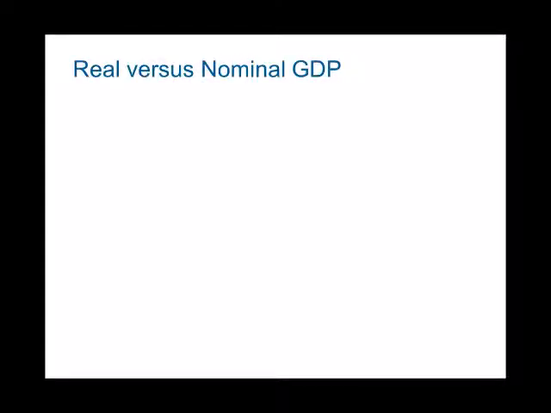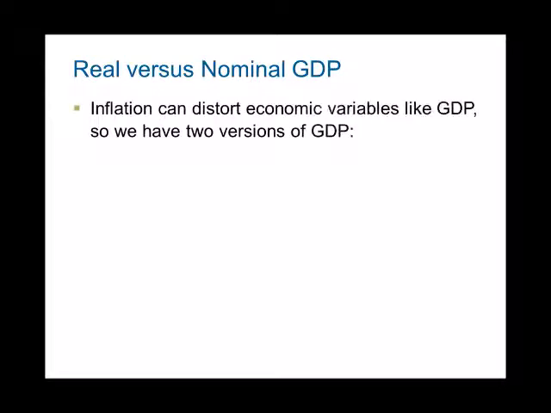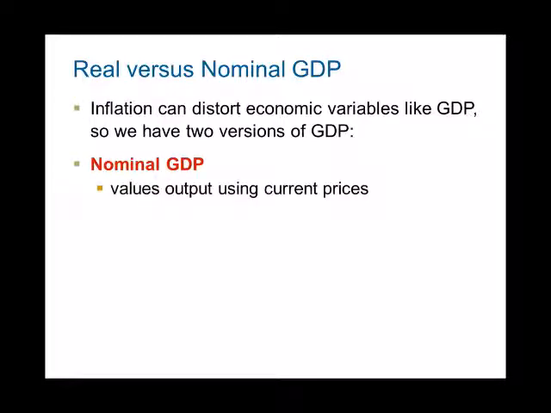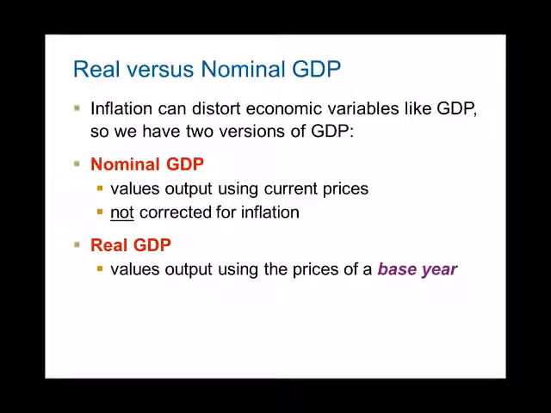Now, there is a difference between real and nominal GDP. Inflation distorts economic variables like GDP, so we have two versions. One is nominal GDP, where we value products using current prices, and they're not corrected for inflation. The other one is real GDP, where we value the amount we're producing every year based on prices of a certain base year, and it is corrected for inflation.